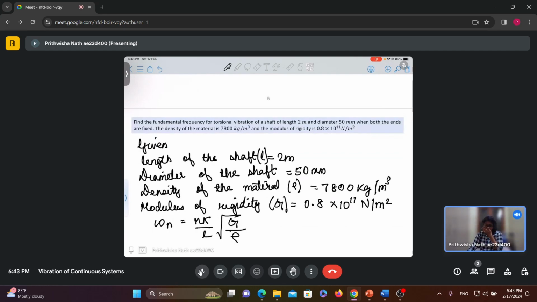For the second question, we have to find the fundamental frequency for torsional vibration of a shaft of length 2 meter and diameter 50 millimeter when both the ends are fixed.